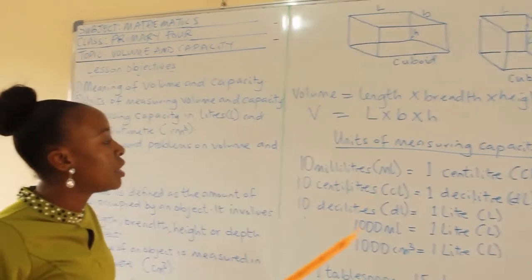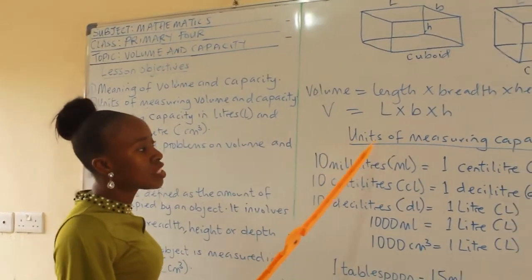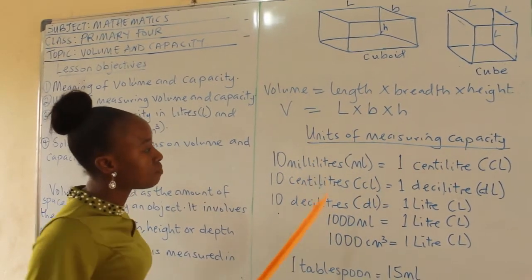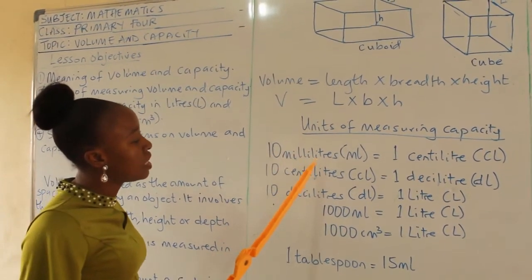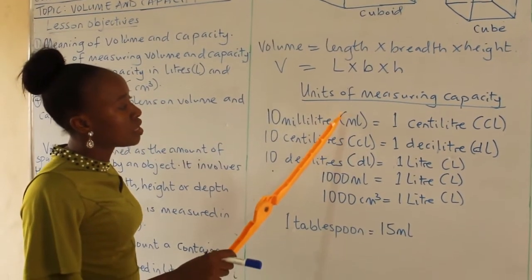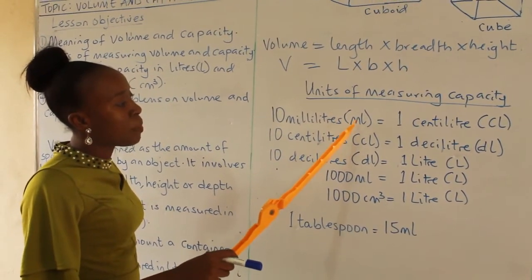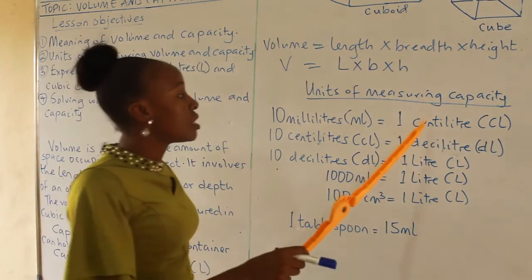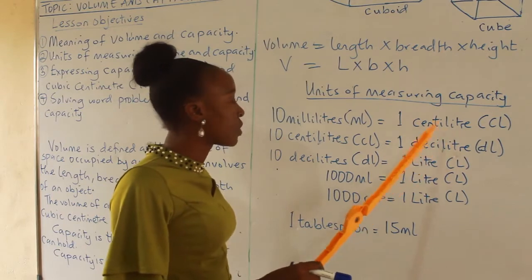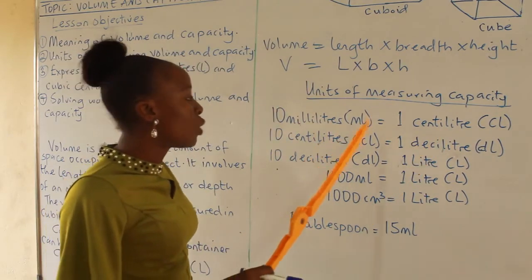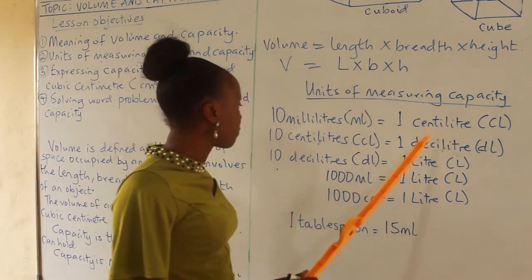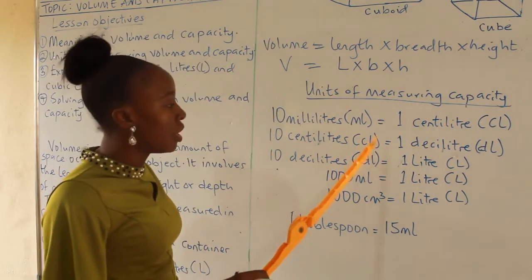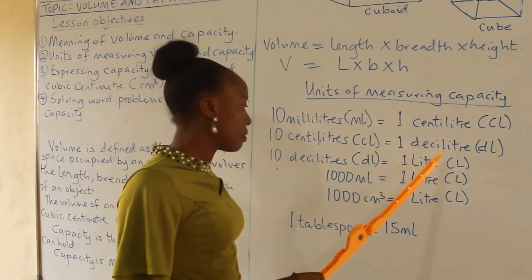Alright. Next, we'll be looking at the units of measuring capacity. 10 milliliters, represented by ml, equals 1 centiliter. 10 centiliters, represented by cl, equals 1 deciliter.